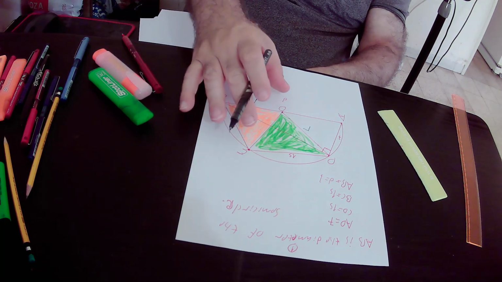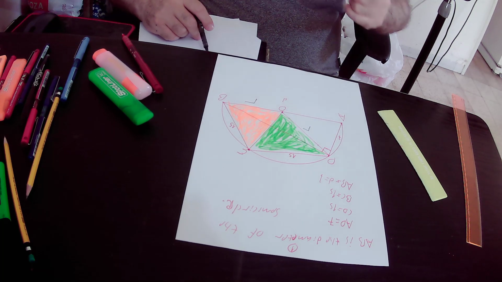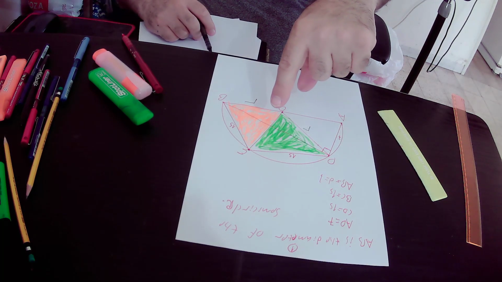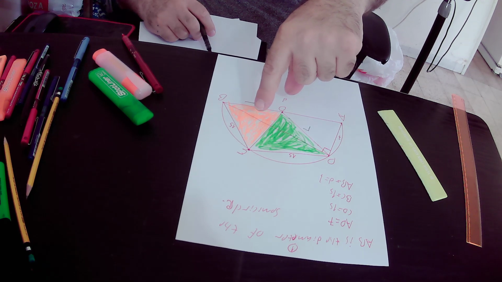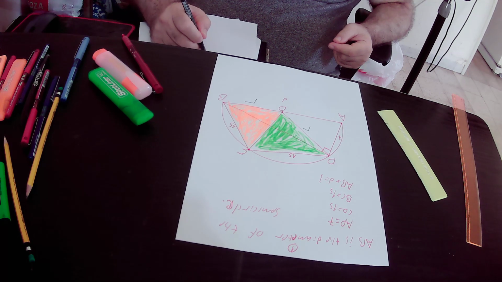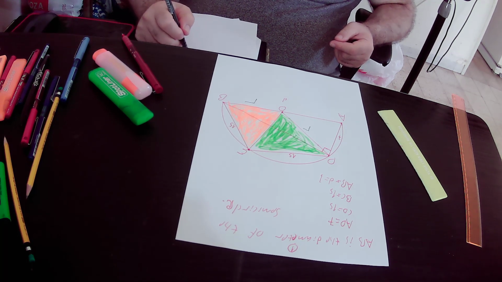And OC equals OC. OC is a common side, that is to say, it belongs to the green triangle, and OC belongs also to the orange triangle, so OC equals OC, so it is a common side.